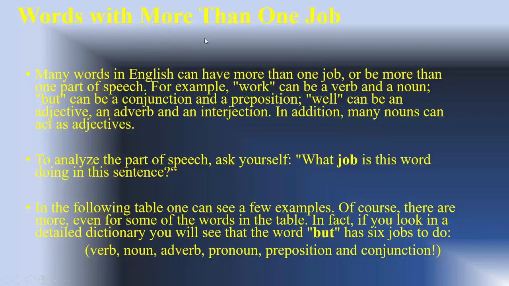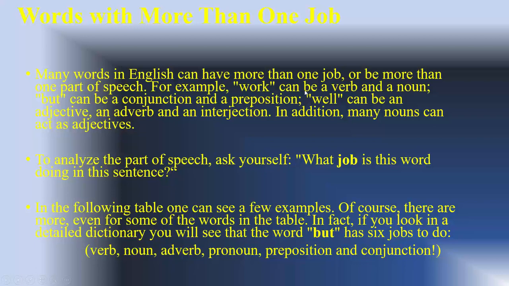We have some words with more than one job. Many words in English can have more than one job or more than one part of speech. It depends on where it is in a sentence. It can have a different meaning or different job.